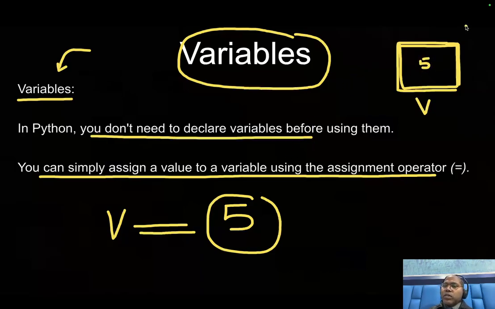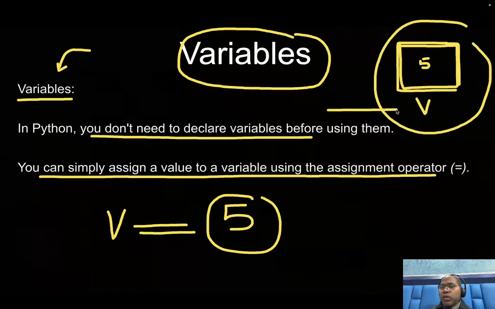Okay, so this is known as the name of the location, the variable name, and what value they are storing is known as the value. And how we make a relationship between the two is using the assignment operator. This is the variable name, assigning a value to it.